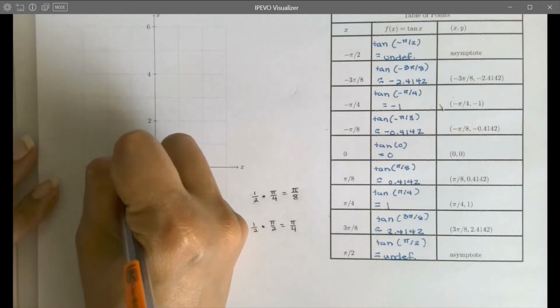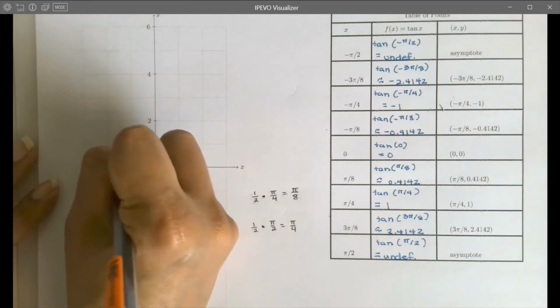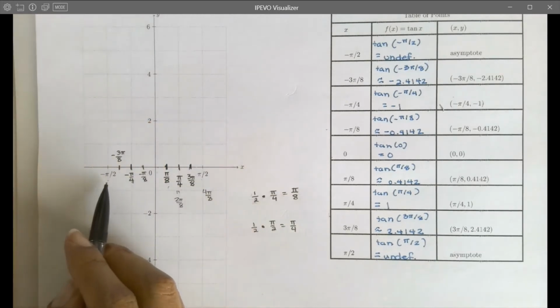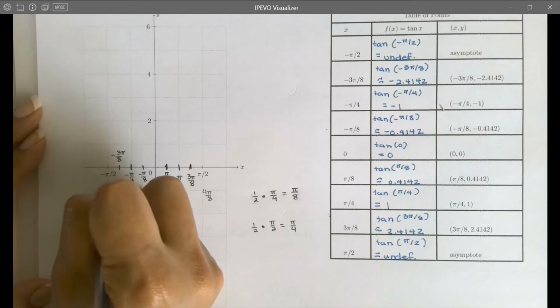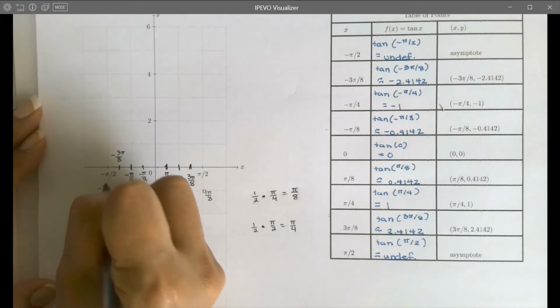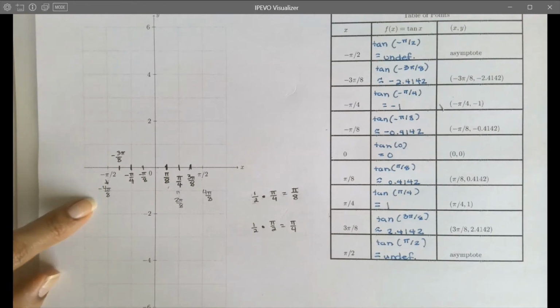Halfway would be negative 3 pi over 8, which I'll draw up here so that it doesn't interfere with the next labeled tick mark. And the last one would have to be negative 4 pi over 8, which agrees because when you reduce, it gives you negative pi over 2.